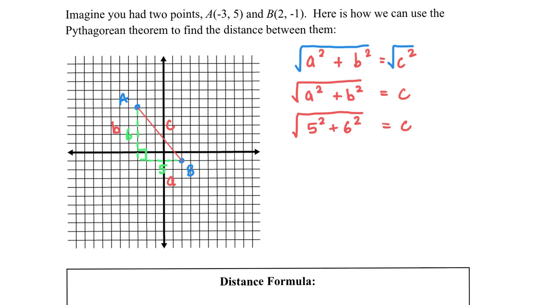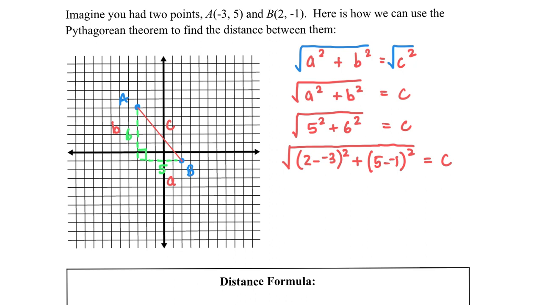So the 5 is actually 2 minus negative 3, which was the x-coordinates of the original 2 points. And then the same thing in the vertical direction, I'm subtracting the y-coordinates. So this one would be 5 minus negative 1. So that's where the 6 came from.